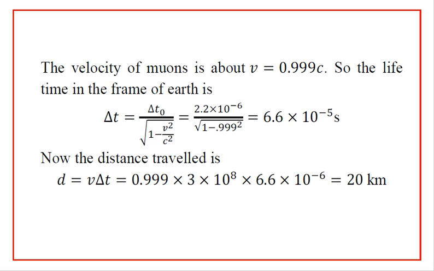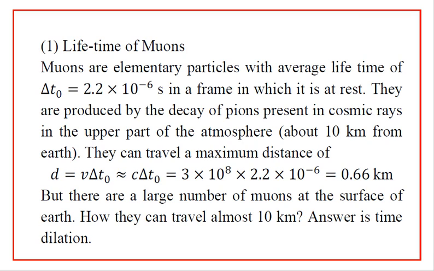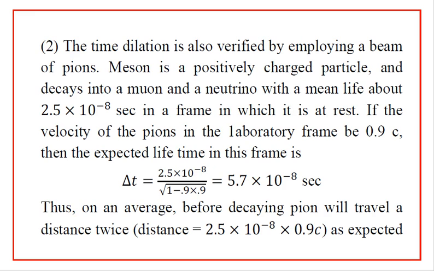So in the laboratory frame, because of the time dilation, the muon can travel up to a distance of 20 kilometers. So it is very easy to reach the surface of Earth from the upper atmosphere where it is produced. It can travel a distance of 10 kilometers very easily, and the presence of muons on the surface of Earth can be explained by using time dilation.